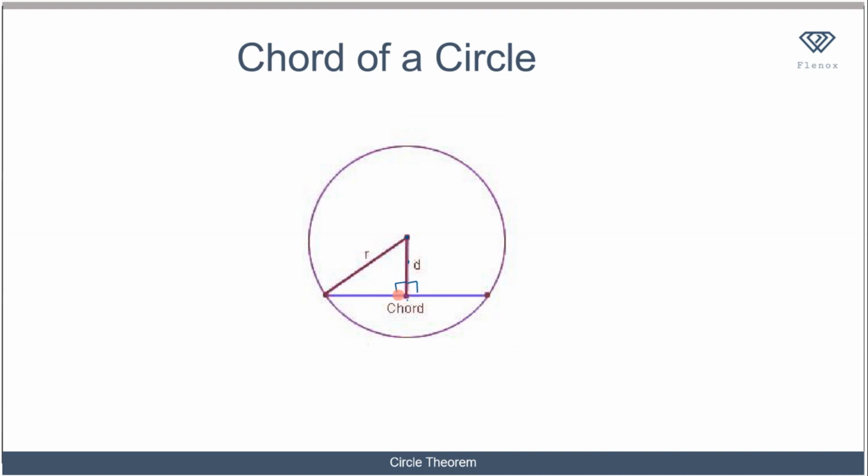So the angle here and the angle here are both 90 degrees. Now if I draw a line from the center to the edge of any of the chord, that line is from the center and is going to touch the circumference. So that line also represents the radius of the circle. So a line drawn from the center to the edge of a chord is the radius of the circle.